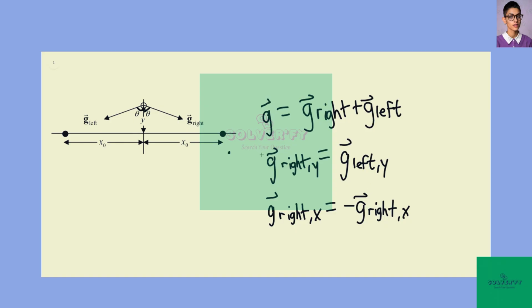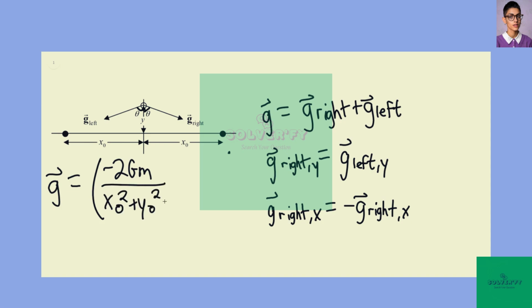And at that point, we can just say that g is simply going to be equal to negative 2GM over x naught squared plus y naught squared, cosine of theta times j hat.